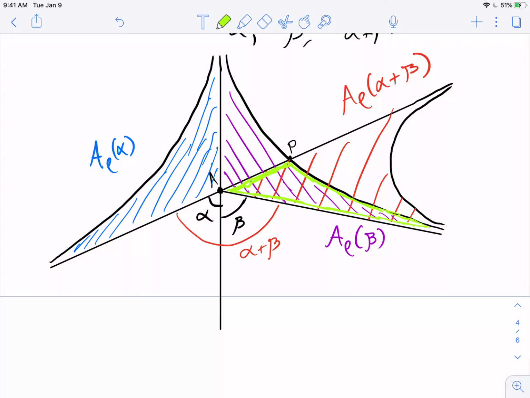I'll call this area J. So let's let J equal the area of the green part. Okay, so another way to say it is it's the overlap of the red and the purple.